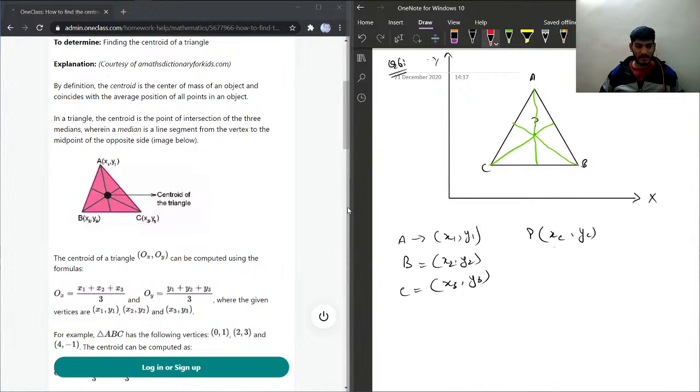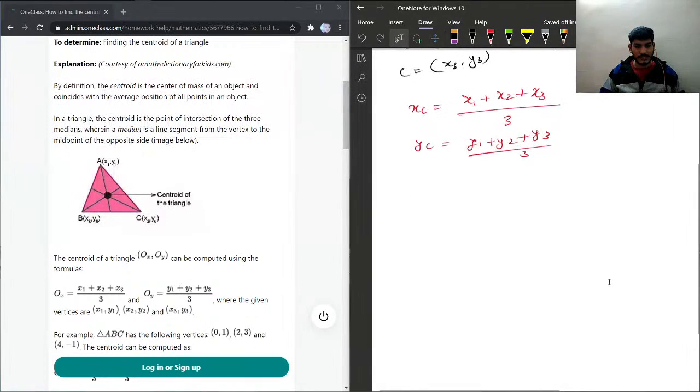So we have a direct formula for this: xc is x1 plus x2 plus x3 over 3, and yc is y1 plus y2 plus y3 over 3.